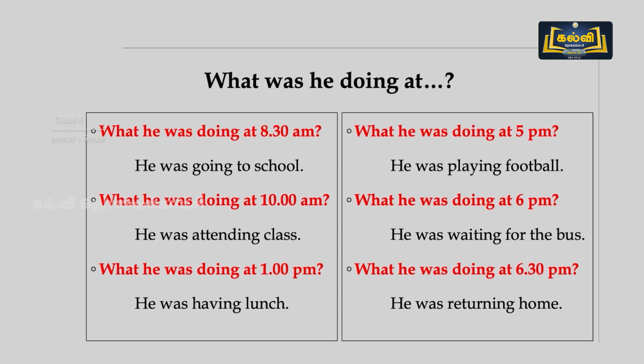What was he doing at 5 p.m.? You know, school is over at 5. He was playing in the playground, right? He was playing football. What was he doing at 6 p.m.? He was waiting for the bus. And what was he doing at 6:30 or 7 p.m.? He was returning home.